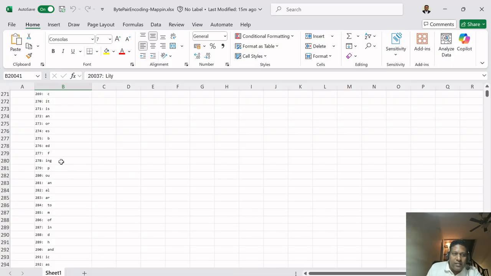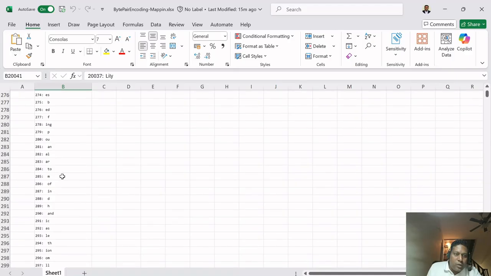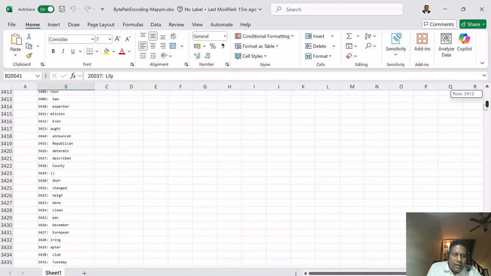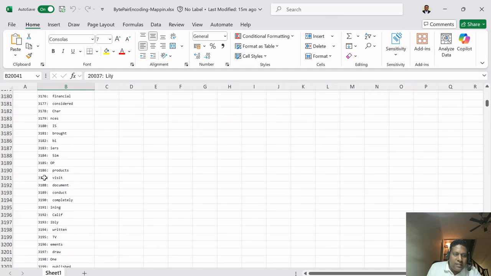There is begin, there is beginning. Those are all showing up here. And as you scroll down, some of these words, based on what it is trained on, are captured in this list. So overall, that is the encoding piece of a large language model, converting words to numbers.